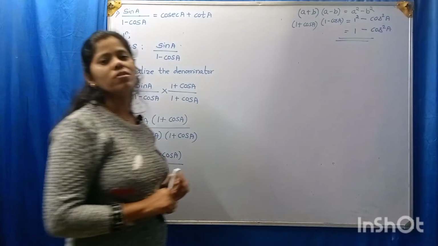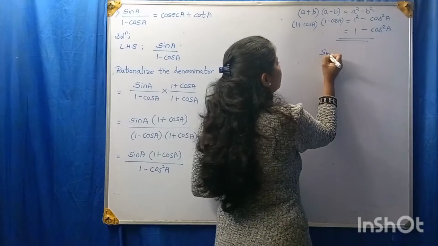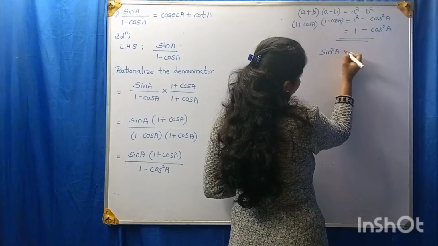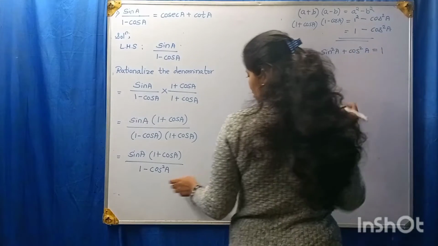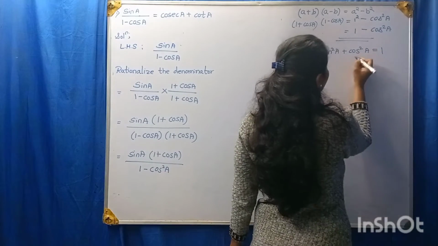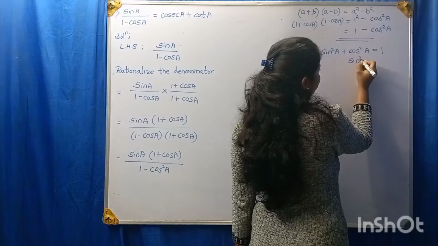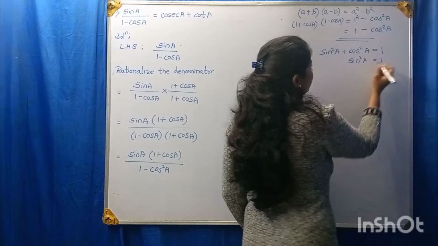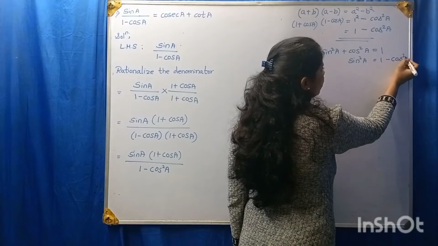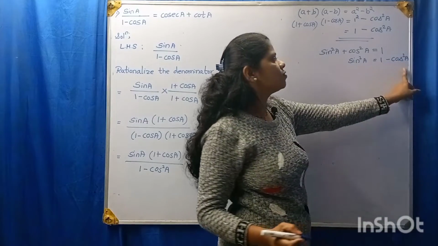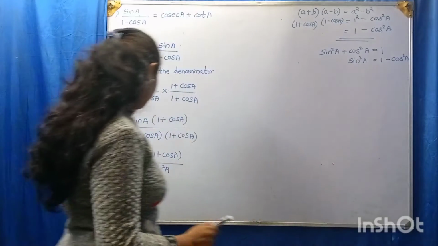Sin square A plus cos square A is equal to 1. Therefore, sin square A is equal to 1, and this plus cos square A will go to this side and become minus cos square A. 1 minus cos square A is equal to sin square A.